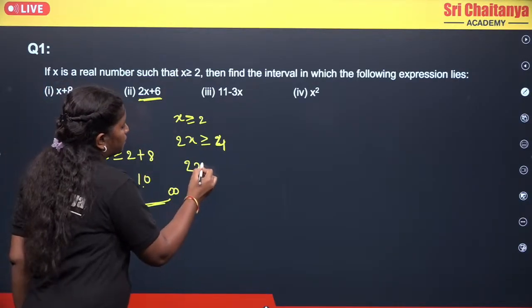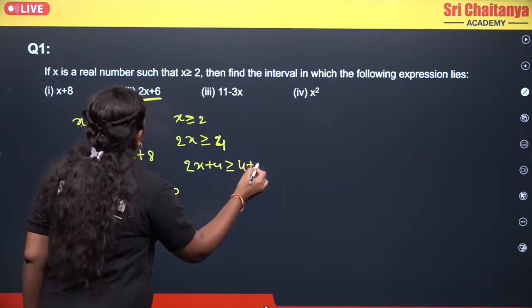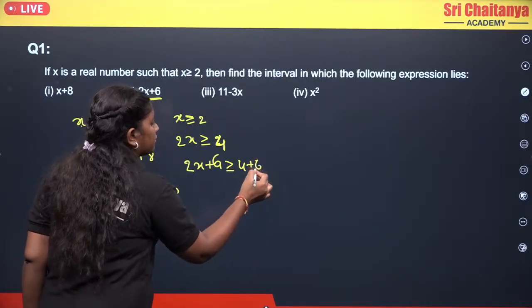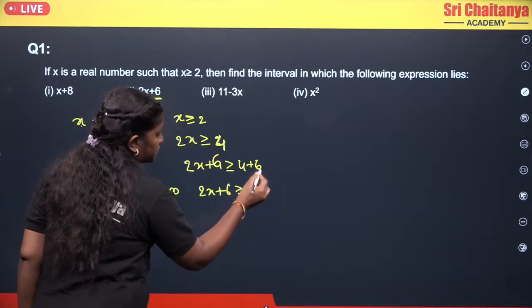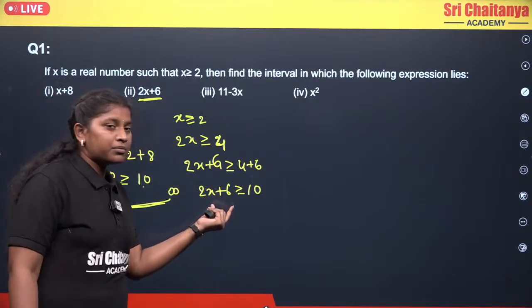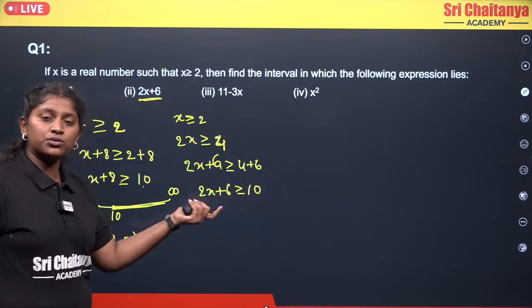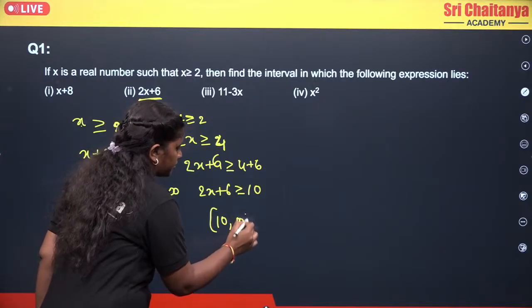So 2x plus 6 is greater than or equal to 4 plus 6, which is 10. The interval here is also greater than or equal to 10, which is 10 comma infinity.